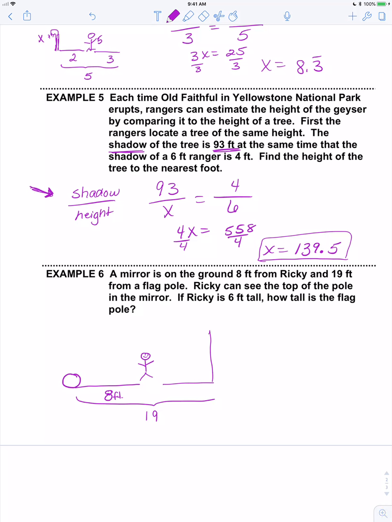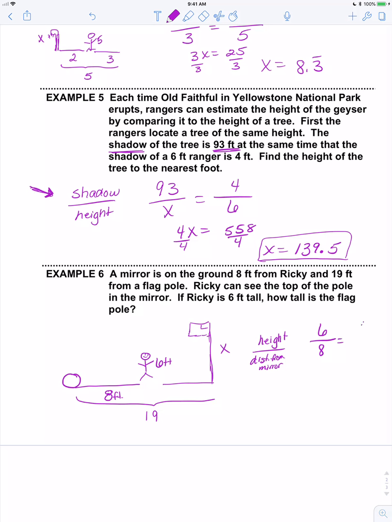flagpole. So we've got a pole here, waving our flag, right? Ricky is 6 foot tall. How tall is the flagpole? Okay, so we're going to do height and distance from the mirror. That's how we're going to set it up. The person is 6 foot and he's 8 feet from the mirror.